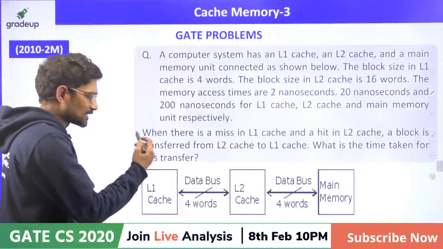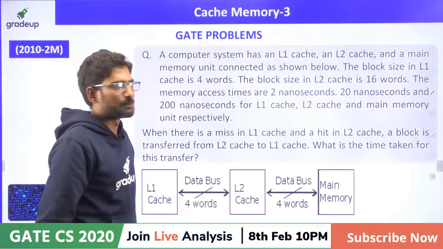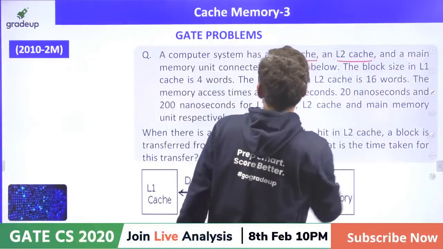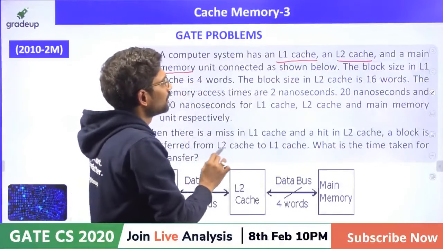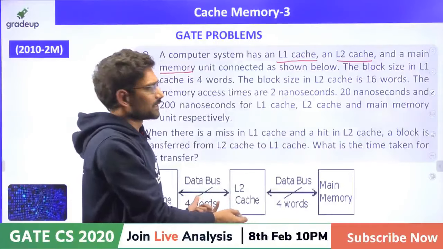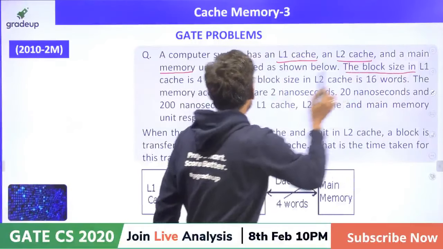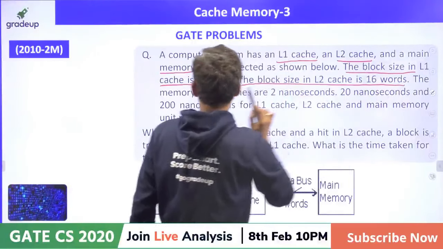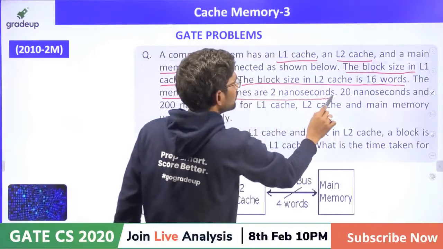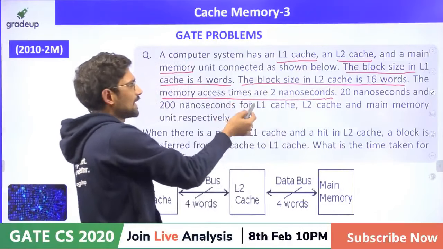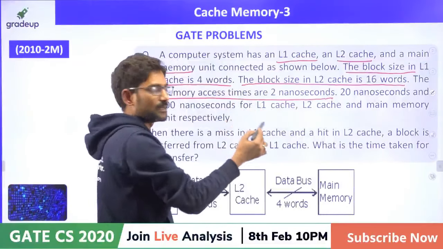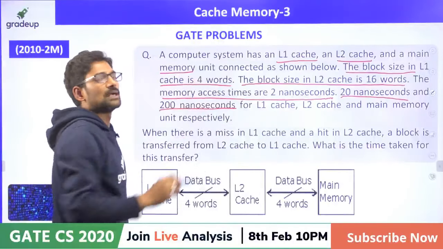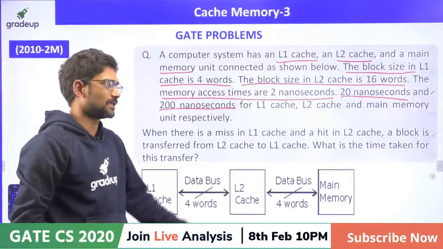Now, let me solve this question for you. A computer system has L1 cache, L2 cache and main memory as shown in the below diagram. The block size in L1 is 4 words, L2 is 16 words and main memory is the same. The memory access time is 2 nanoseconds, 20 nanoseconds and 200 nanoseconds respectively.